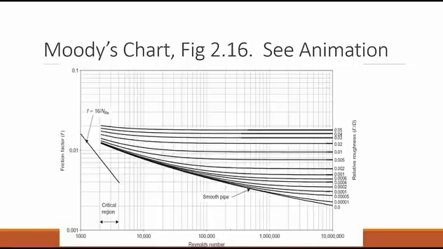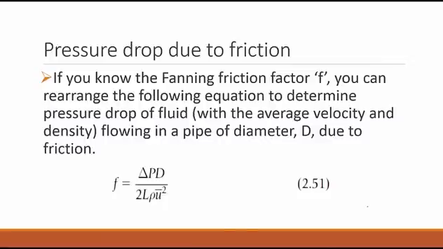So if the Reynolds number is, let's say 200,000, you go over here and then you come back. And this is the value of F for that factor. If it is a different frictional factor, you are going to move it. You can see that in the laminar flow, it is 16 divided by the Reynolds number. That's the formula we use.